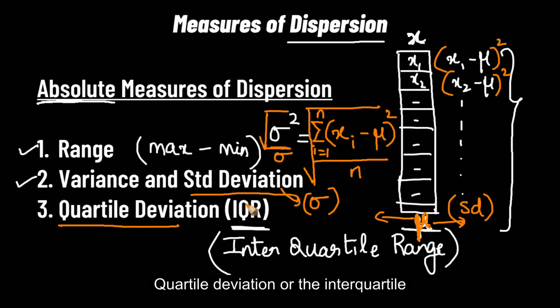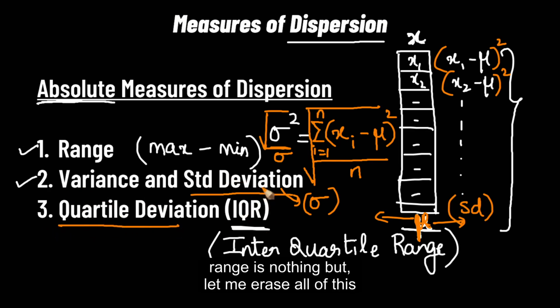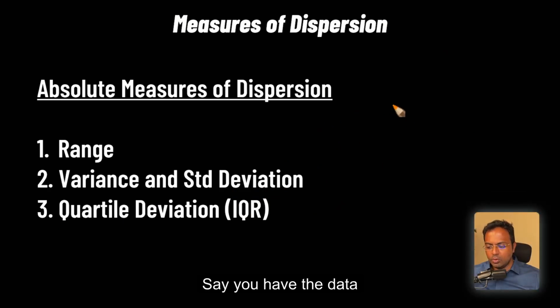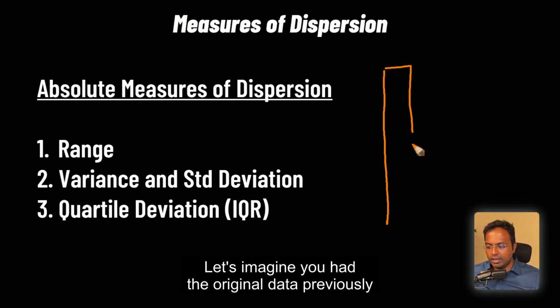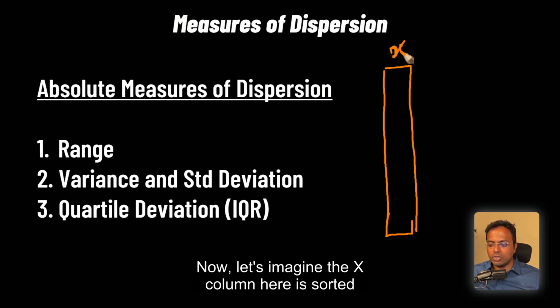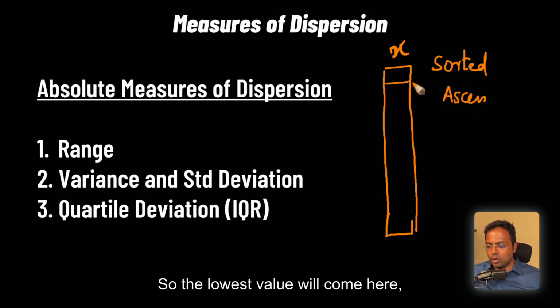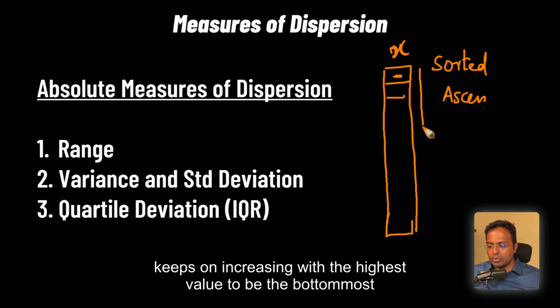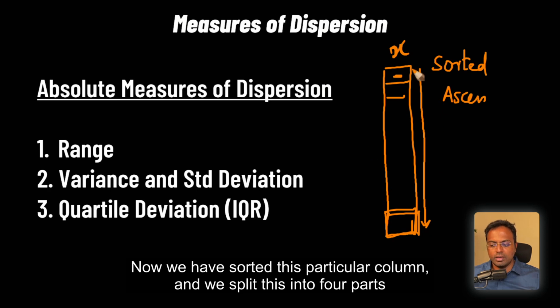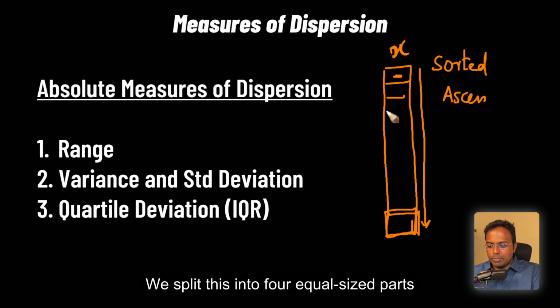Quartile deviation, or the interquartile range, is nothing but, let me erase all of this. Say you have the data. Let's imagine the x column here is sorted in ascending order. The lowest value comes here, keeps on increasing, with the highest value at the bottommost. Now we split this sorted column into 4 equal sized parts.